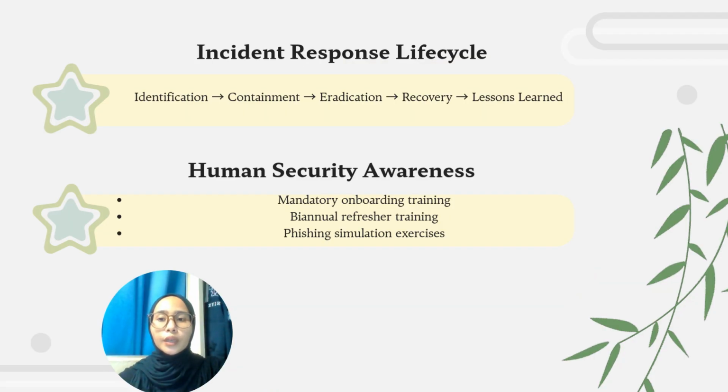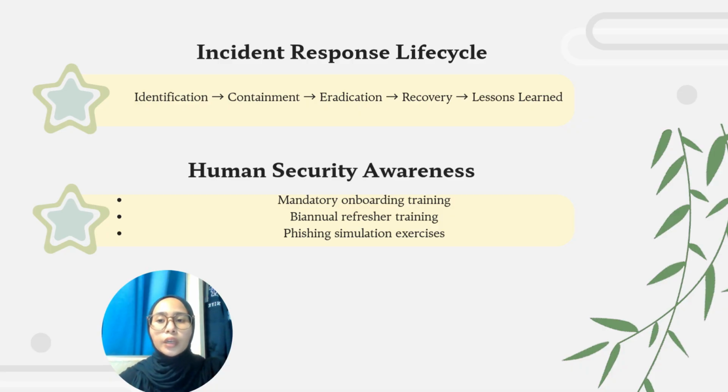Moving on, the third component of the security blueprint is incident management and technical security. The proposed incident response process follows five stages: identification, containment, eradication, recovery, and lessons learned. A dedicated incident response team consisting of IT staff, security managers, HR personnel, store managers, and senior management ensures effective coordination during security incidents.